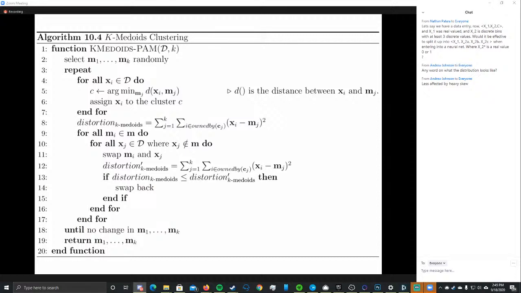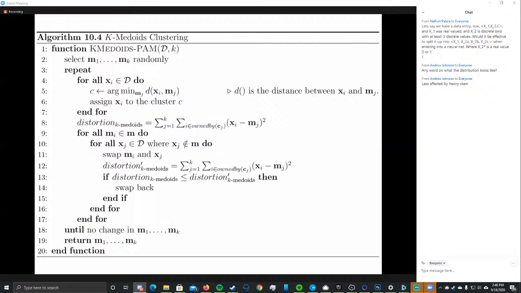And then rather than initializing centroids randomly, we're going to pick from our data set K points M1 through MK, pick those randomly. And you'll notice that the outer loop has the same process where we just keep going until there's no change in the medoids. Now, the nice thing is since we are dealing with actual data points, this will stop. And then you return the medoids when you're done. All right, so now we go into the inner loops.